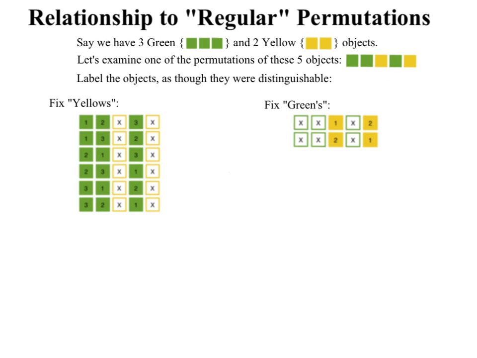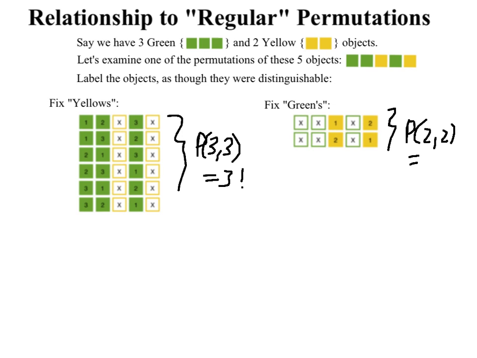And obviously, it's simply going to be equivalent to the number of permutations of 3 elements, or 3 factorial. Similarly, if we were to look at the case where we're worrying about the yellow elements, there's obviously only 2 cases, but that's equivalent to the number of permutations of 2 elements, or 2 factorial.